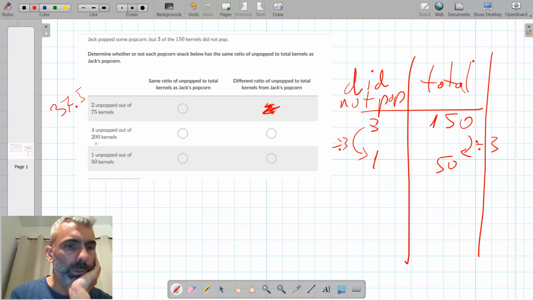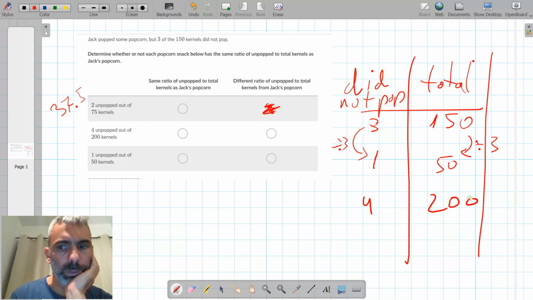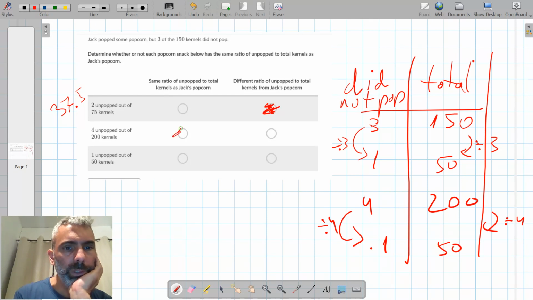Here, 4 to 200, I divide by 4, I get 1, divide by 4, I get 50, so 1 to 50. So this is the same ratio of unpopped, 1 out of 50 kernels.